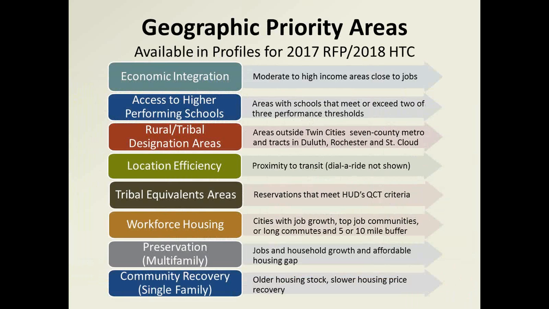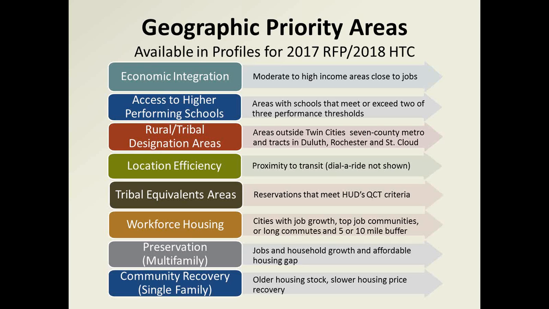The other content area relates directly to RFP applications and the geographic priority areas. The geographic priorities include economic integration, location efficiency, rural and tribal designated areas, tribal equivalent areas, workforce housing, preservation, and community recovery.